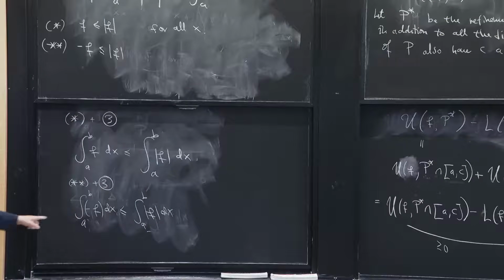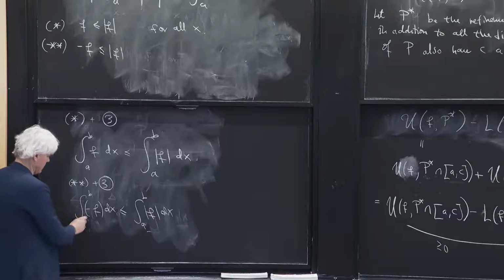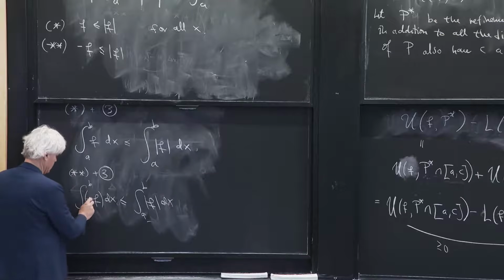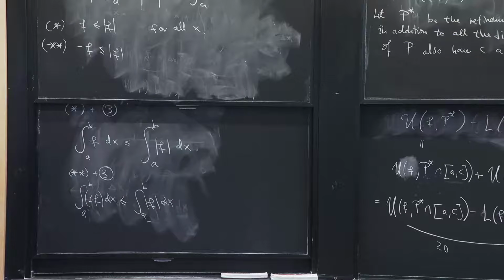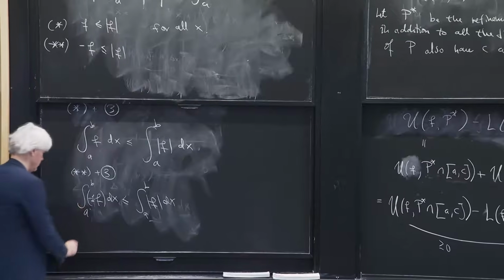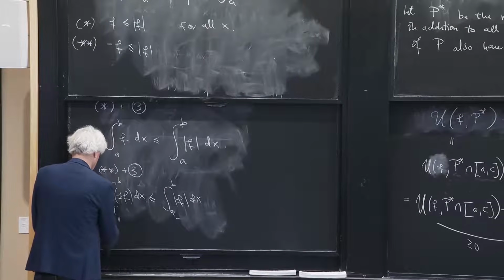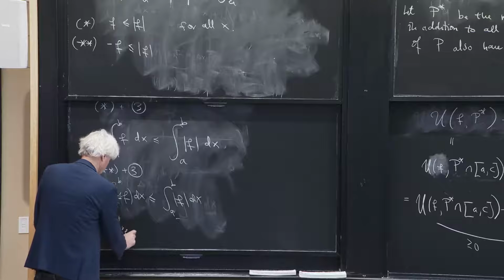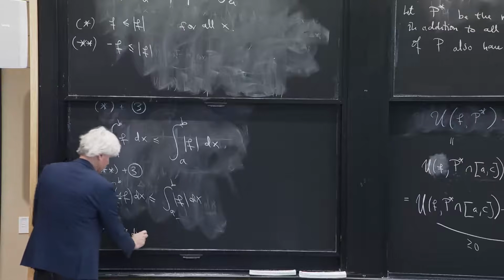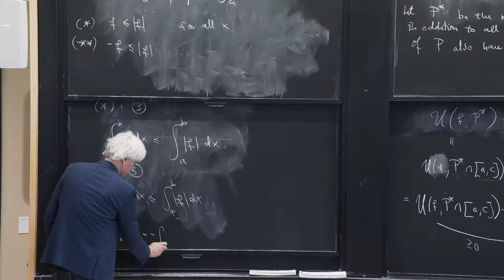Right? But you can just think about this as minus 1 times this function, right? So minus 1 just comes out. That was property number 1. So this here is minus 1 times the integral from a to b of f dx, which is of course the same as minus the integral from a to b f dx. Right?